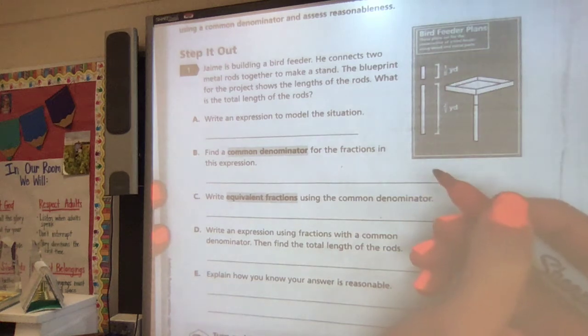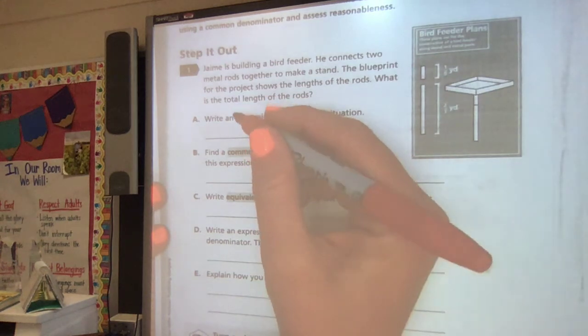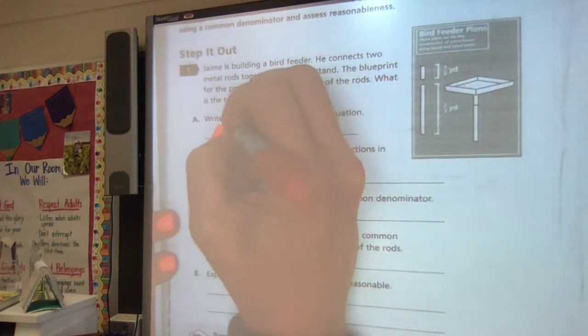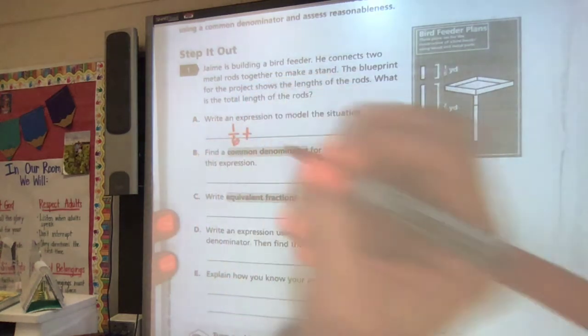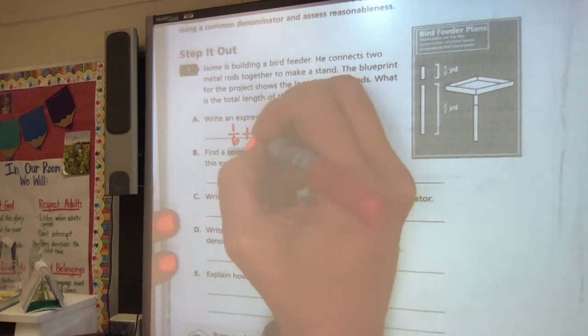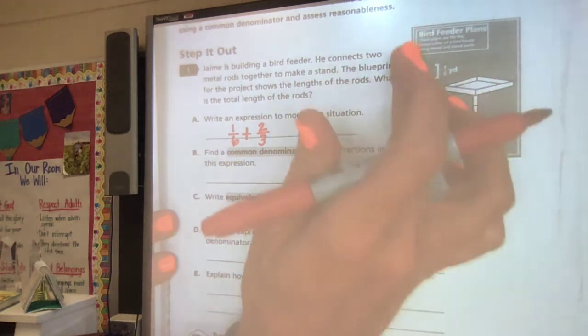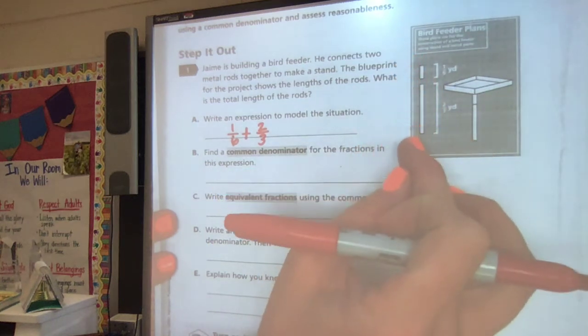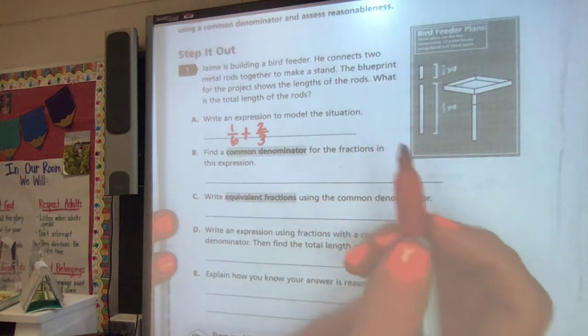This section is 2/3 of a yard. A says write an expression to model the situation. Remember, an expression is a number sentence without an equal sign. So if we're going to put them together to make a stand, then we would be adding those fractions.